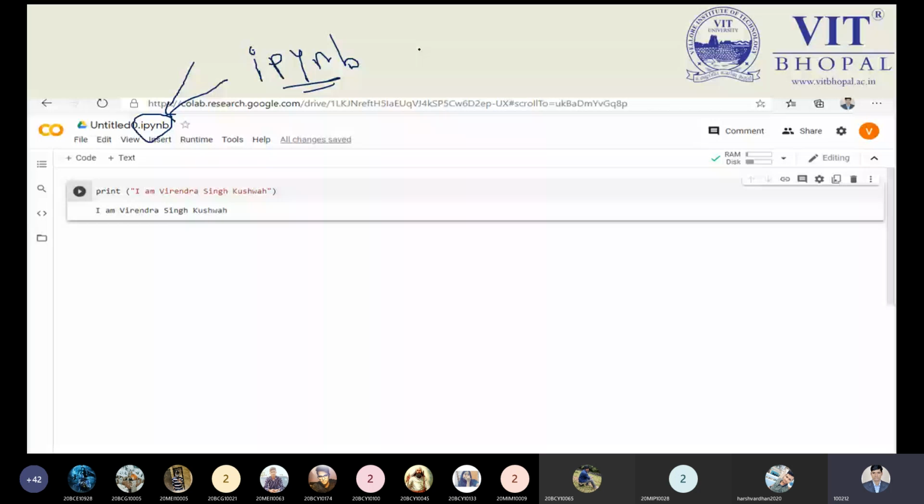Yes, please. Anyone who knows the full form? Interpreted Python notebook. Yeah, thank you. It stands for Integrated Python notebook.